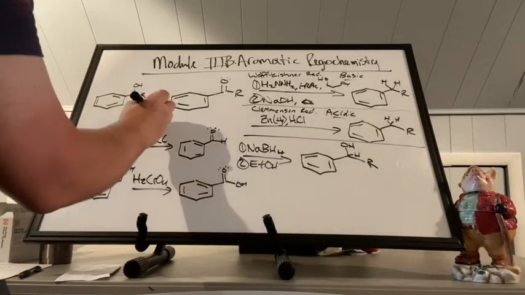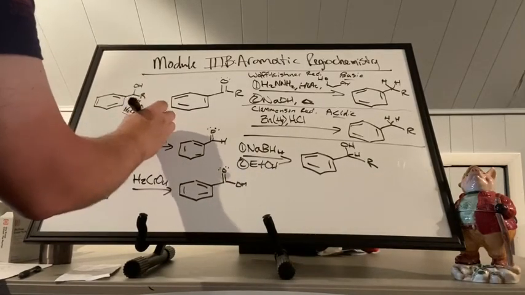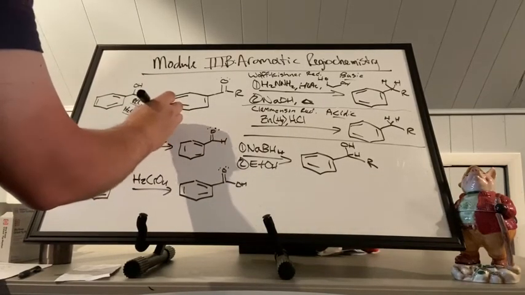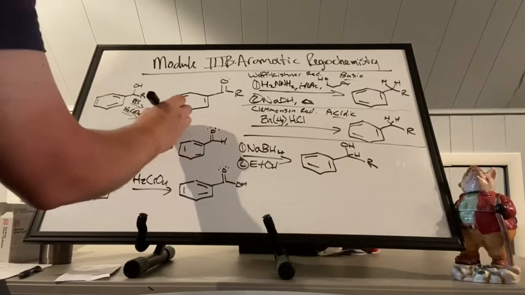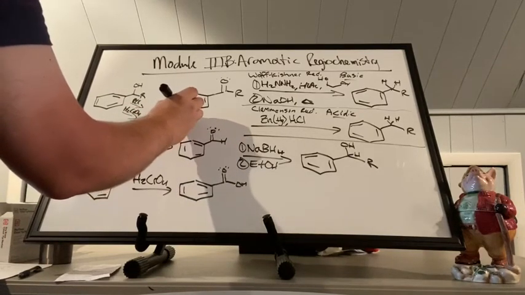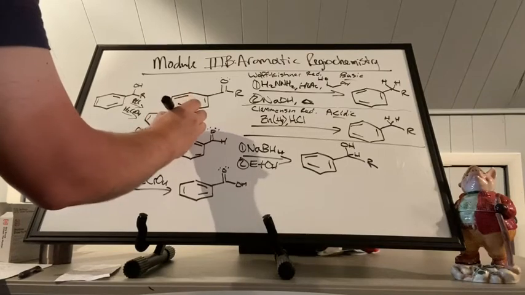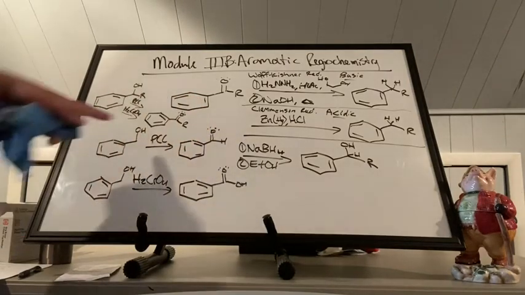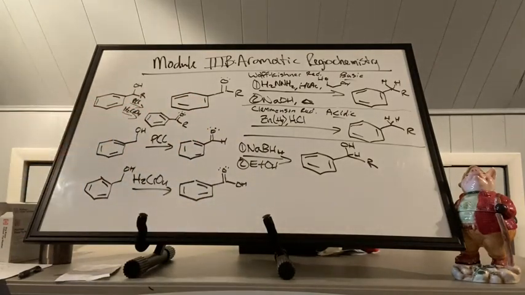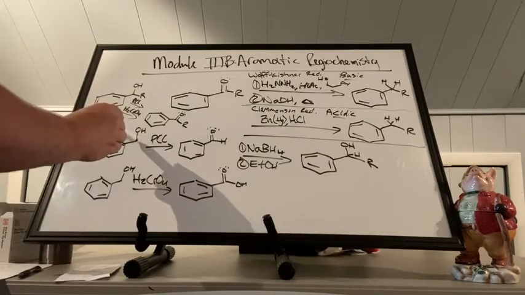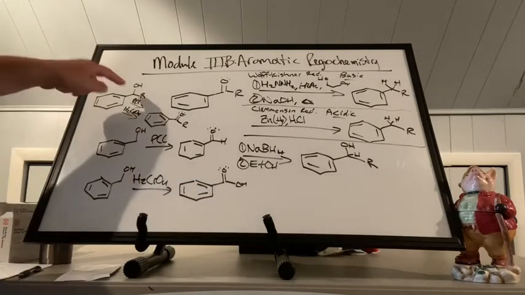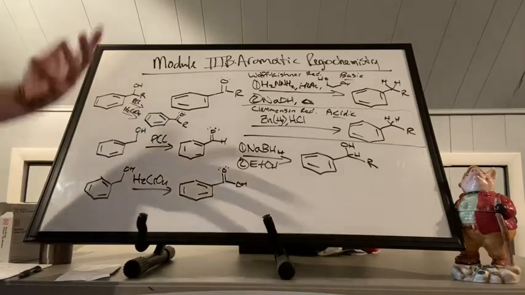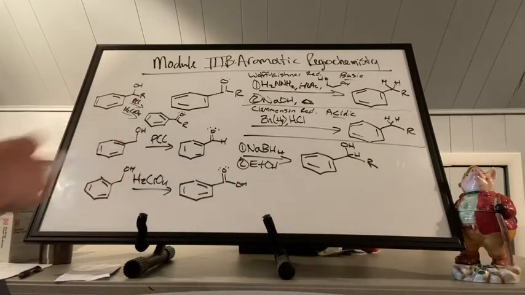Okay, so this is going to form a ketone. Okay, so primary, you just have hydrogens to work with. With the secondary, you have to have a carbon that's kept there. Okay, and chromic acid isn't a strong enough oxidizing agent to break that bond.